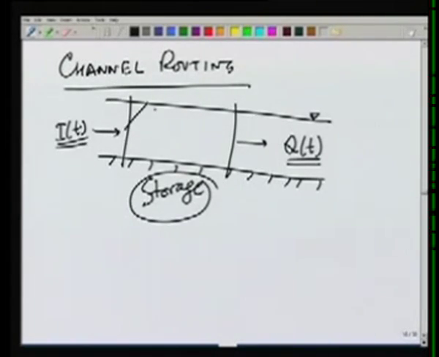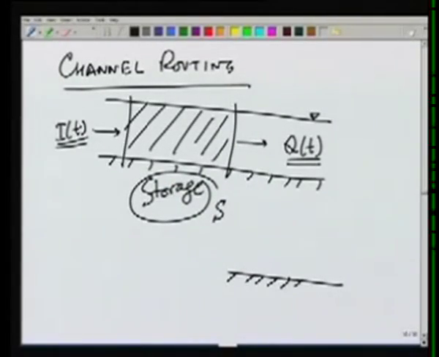So storage in this area we can represent by, let's say, S. The channel storage can typically be divided into two parts. For example, if we have water level here and the bed level and the water level like this, then we could divide this into two parts. One part which has the same depth throughout, and therefore this will be in the shape of a prism.